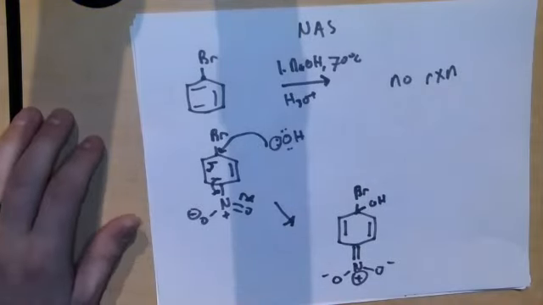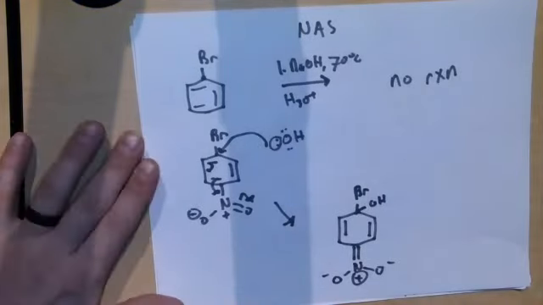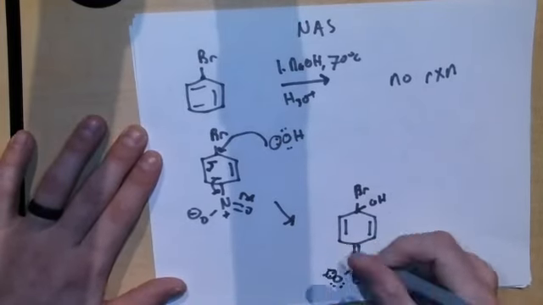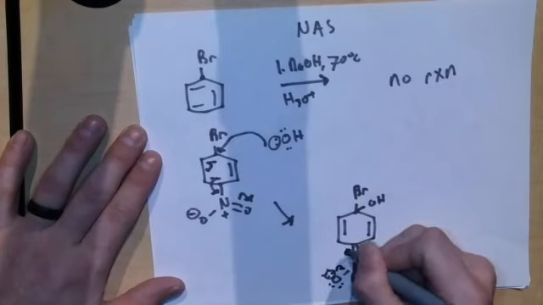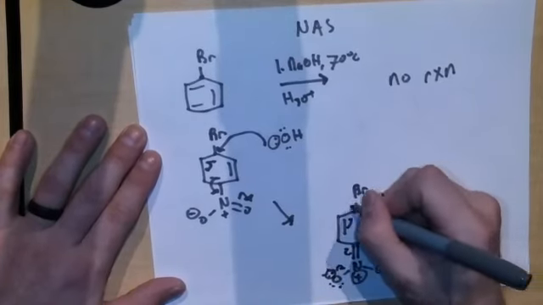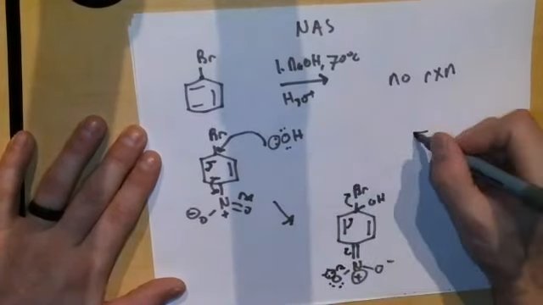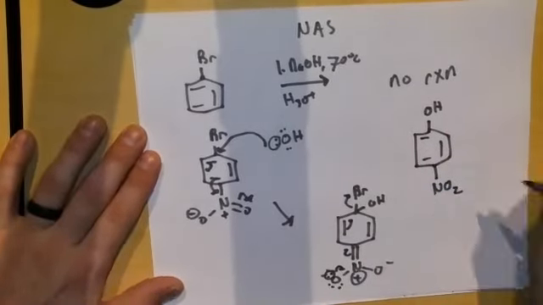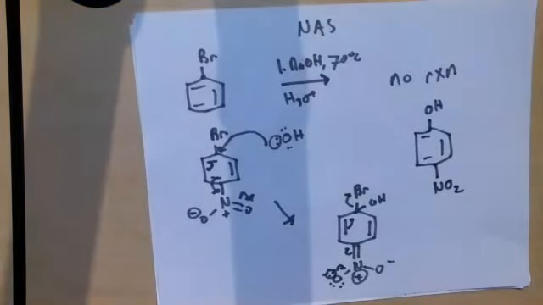Our intermediate will look like this. And then from here, we can have our electrons come back up, kick out our bromine, to give us our substitution product.